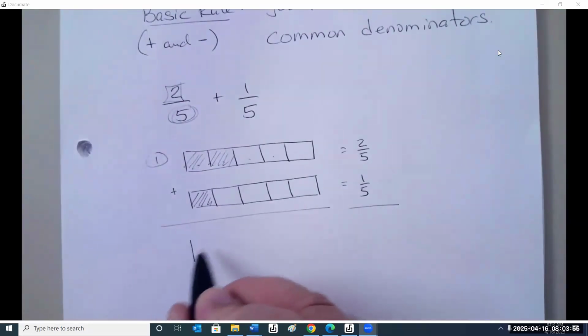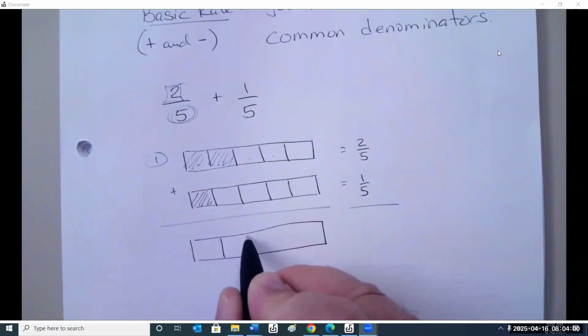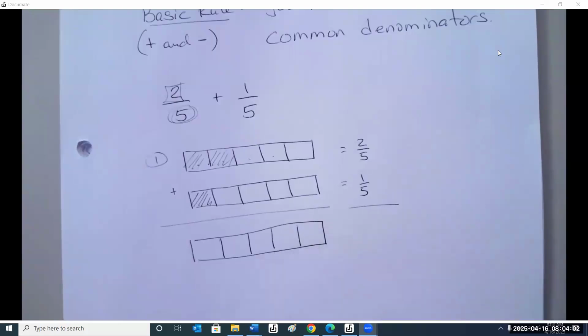So when we add them together, we're still going to have 5 boxes. But now our solution is we have 3 of them shaded.